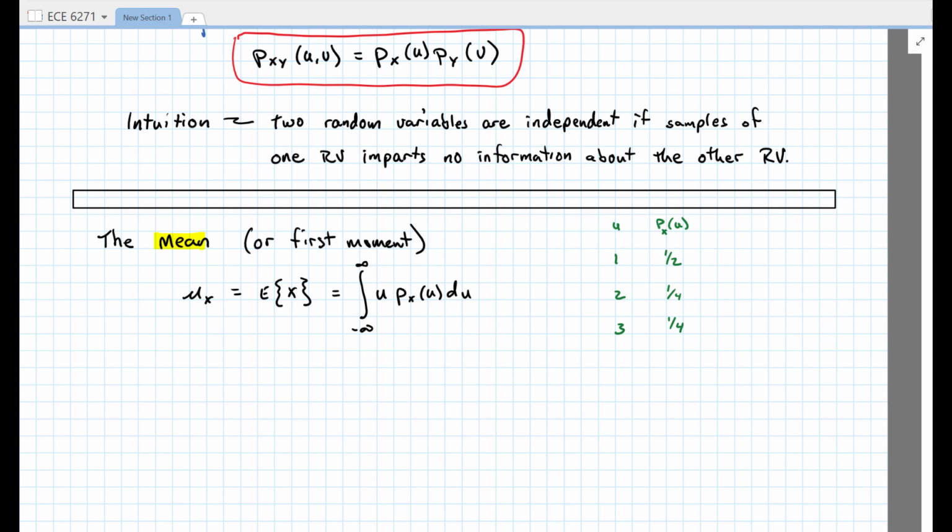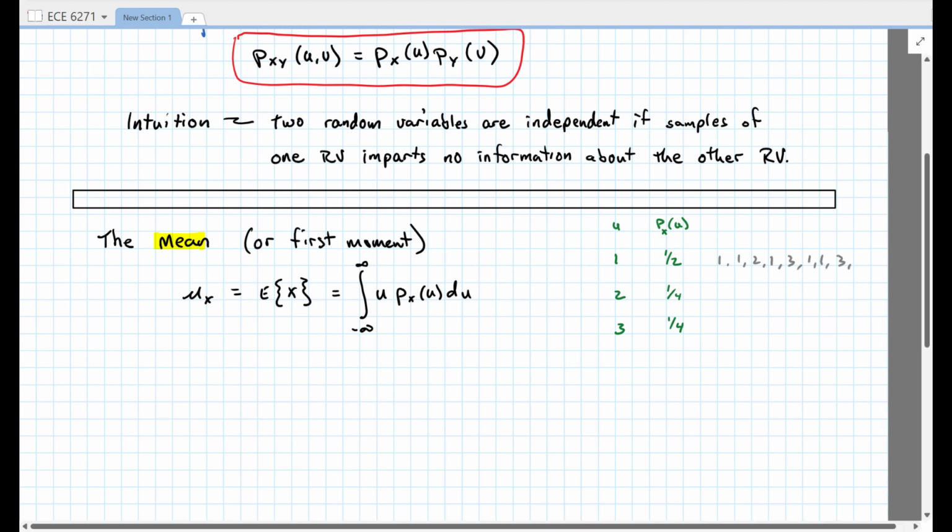So if we did this, maybe we would get a sequence that looks something like 1, 1, 2, 1, 3, 1, 1, 3, 1, and so on and so forth.